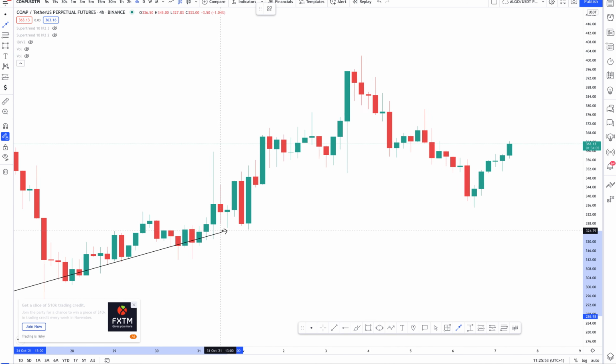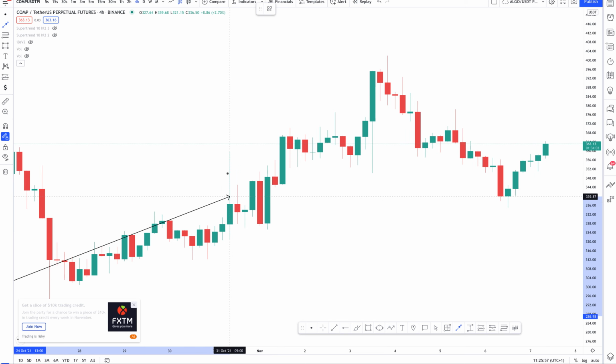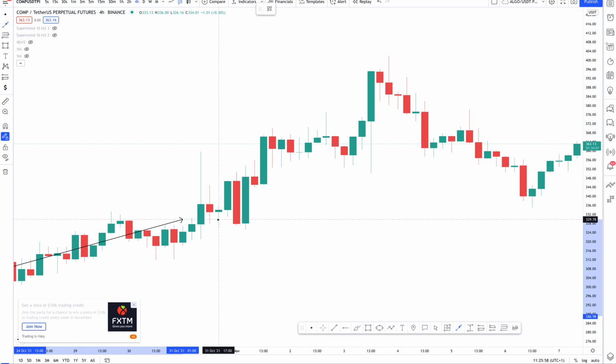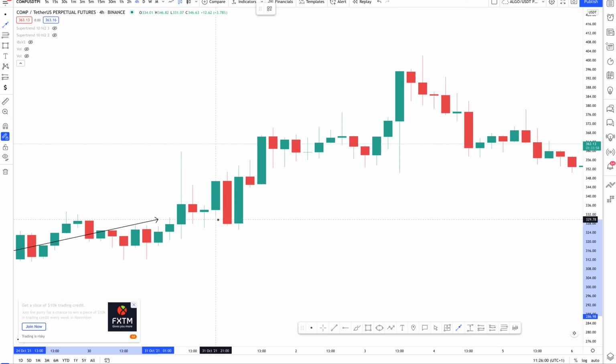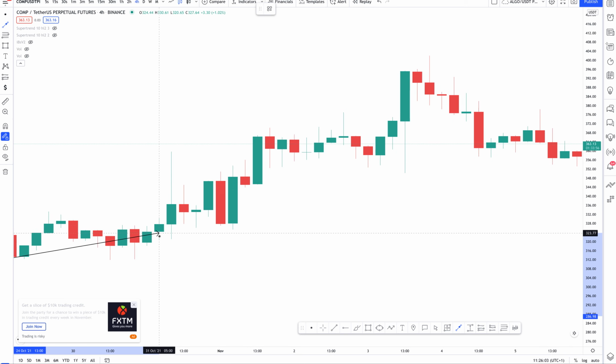If you observe this green candle, it has a very long upper wick. It means that price previously got to this top and then came down this way. And same thing this way, it means the price got to this point and came up this way.